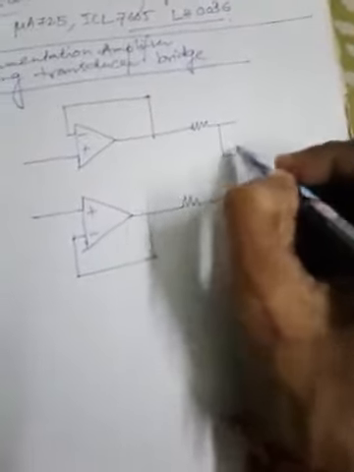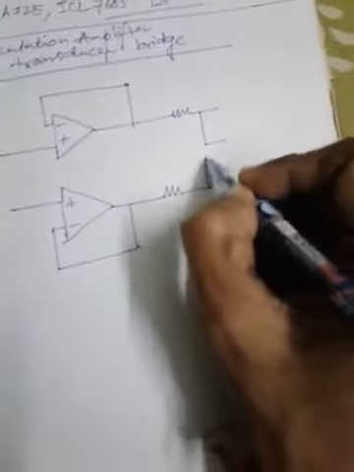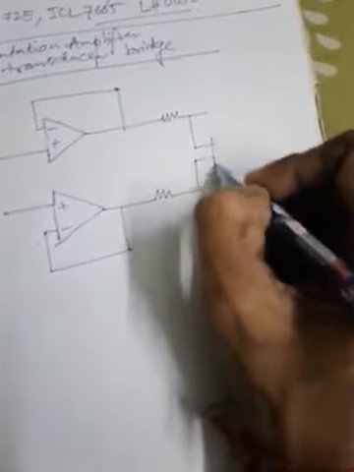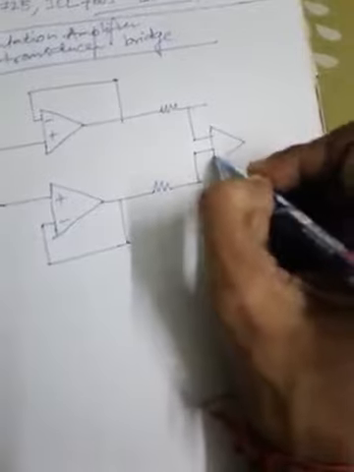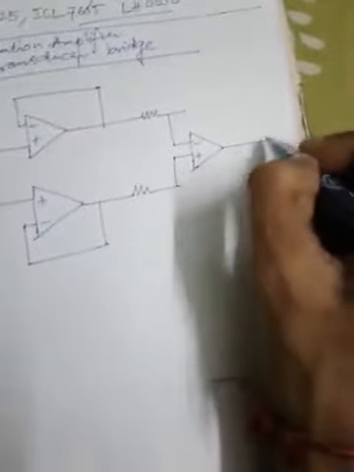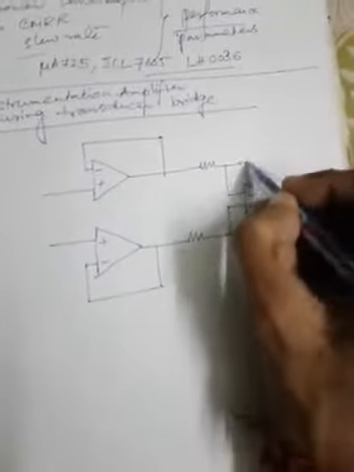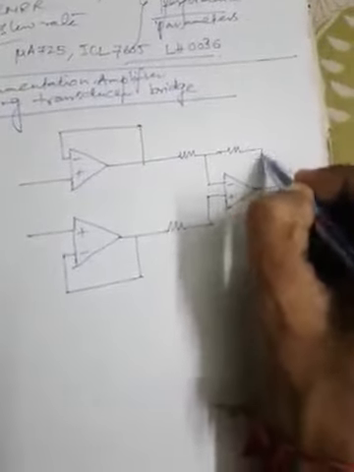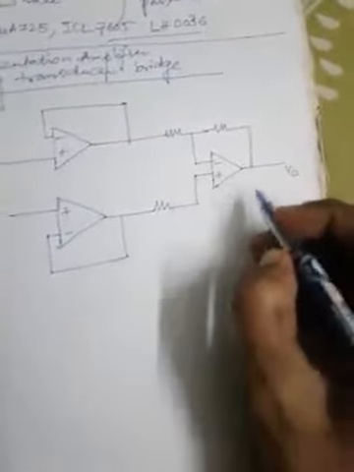And it is then connected to a third amplifier, and that amplifier is connected in open loop, that means a third op amp. And from that open loop op amp, the final output is taken, and after connecting it in open loop, the feedback path is closed with a resistance, with its feedback resistance.